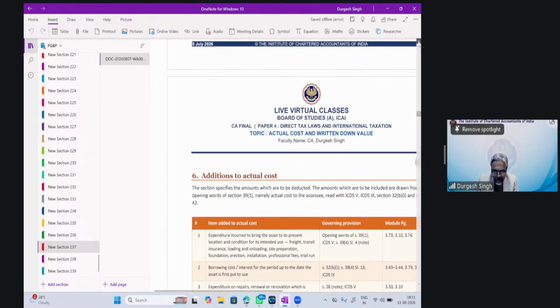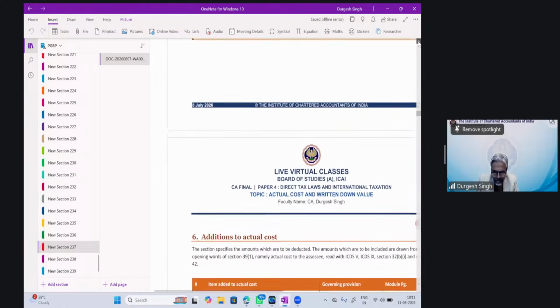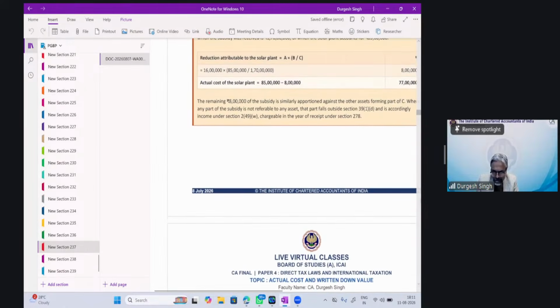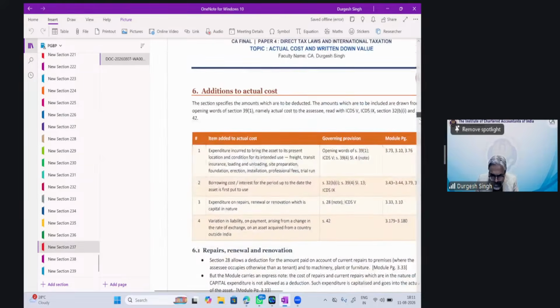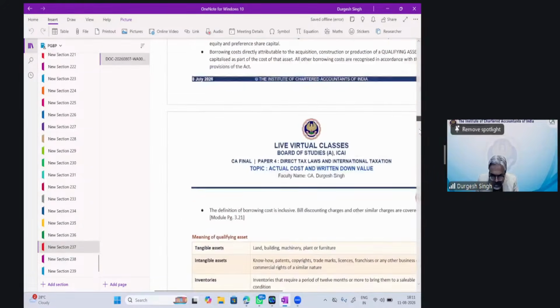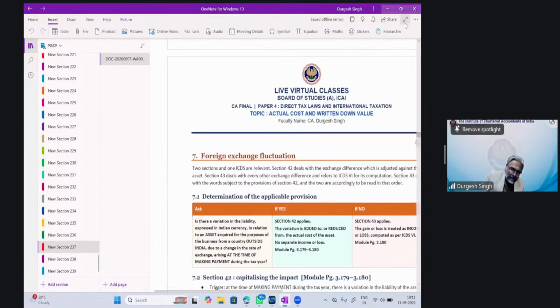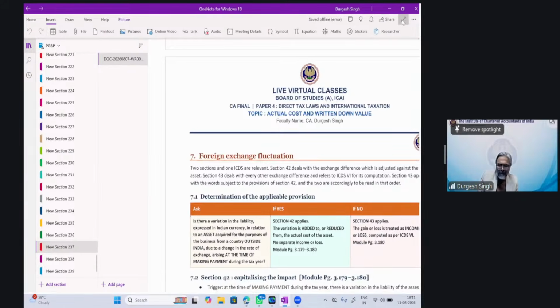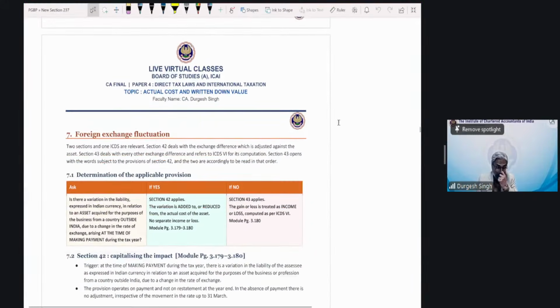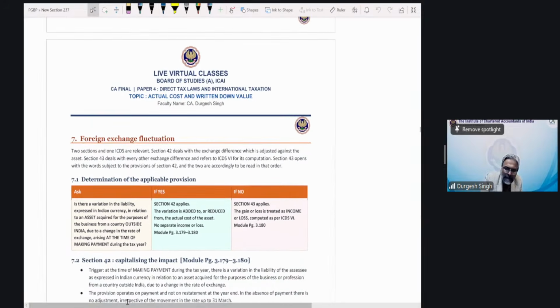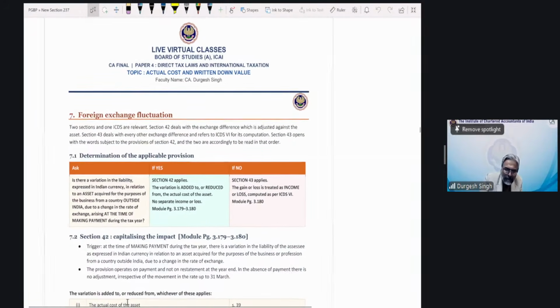ICDS 6, foreign exchange fluctuation. We will read the provision also, so that you understand certain provisions. We will read it together, students. And then after reading some particular part, I will give you the examples and all. Okay, let's try to put it across.